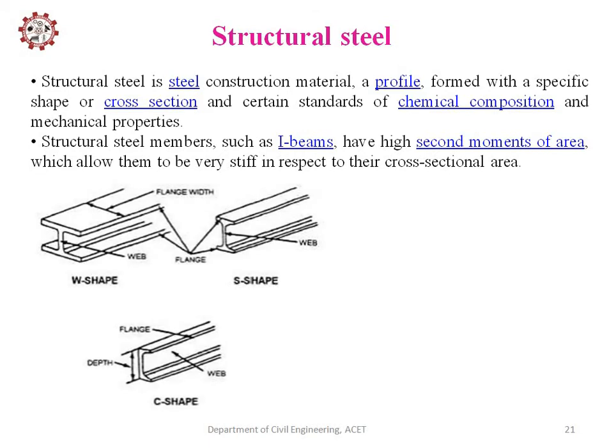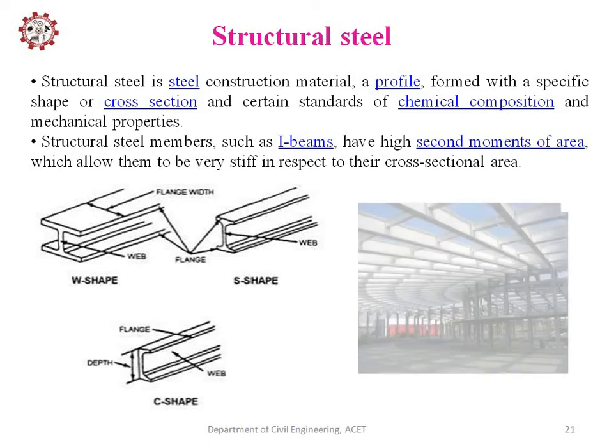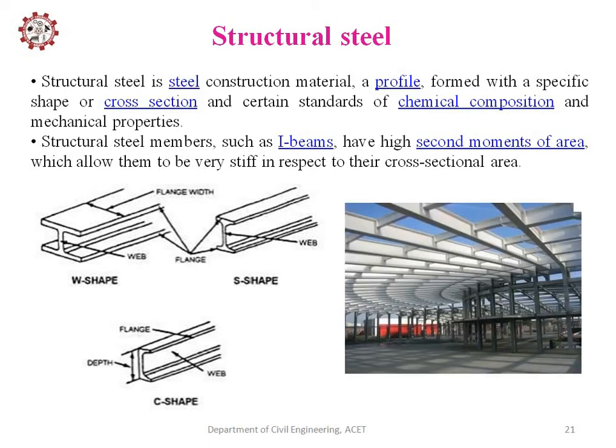So these are your structural steels: W shape, next is S shape, C shape. All these are known as structural steels. Like this, in the photograph you can see the steels which are used.